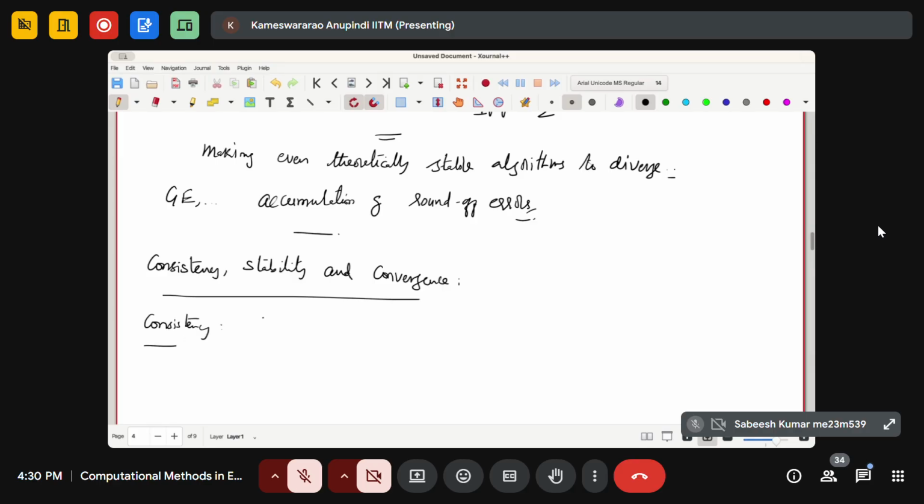By a consistent scheme we mean the following. We defined this truncation error, right? The truncation error should become smaller and smaller as the mesh and the time step are made smaller.